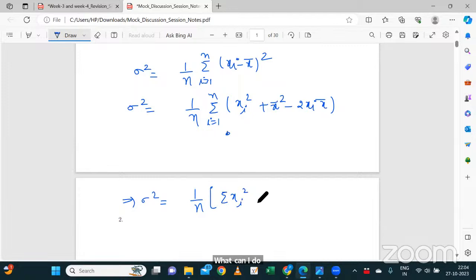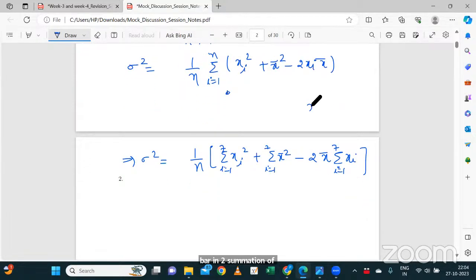Summation of xi square plus summation of x bar square minus 2 x bar into summation of xi, because summation applies on the ith term and x bar is a constant. And x bar is nothing but summation of xi divided by n.